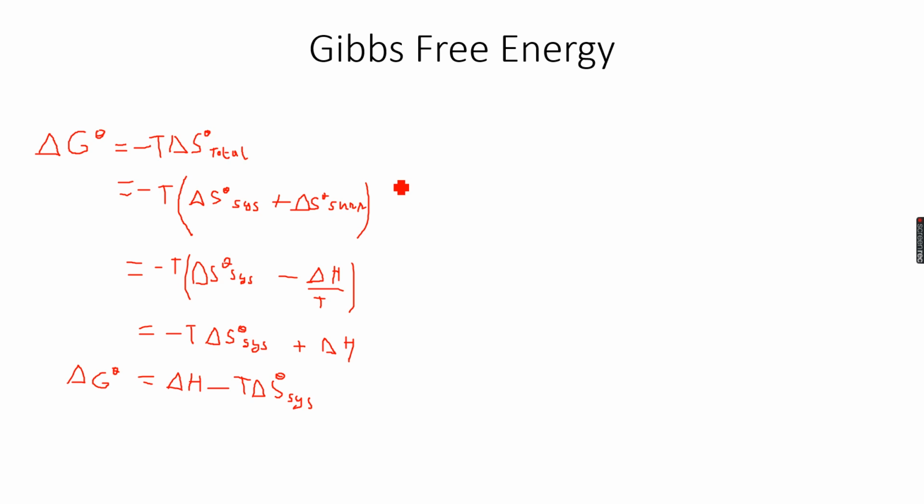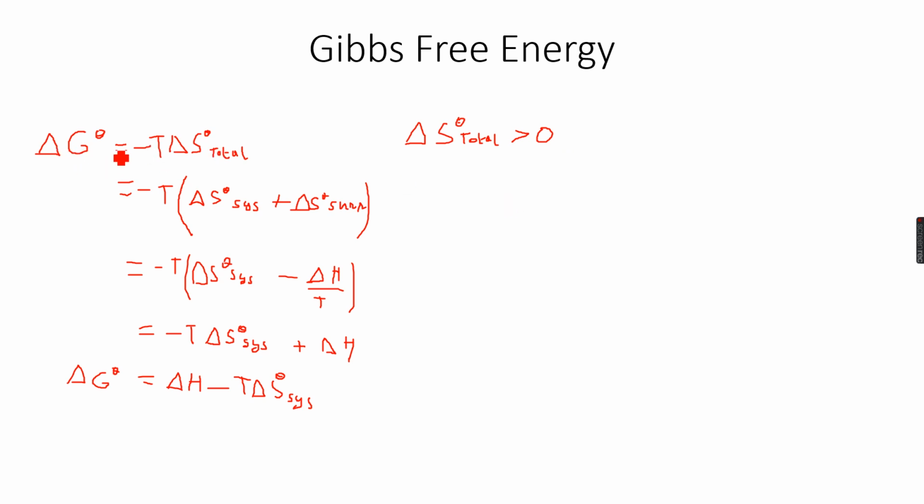So as I said, if delta S naught total is greater than 0, then the reaction is feasible.